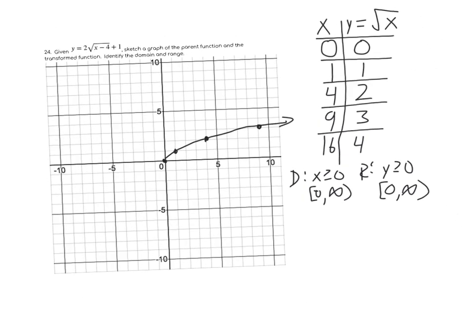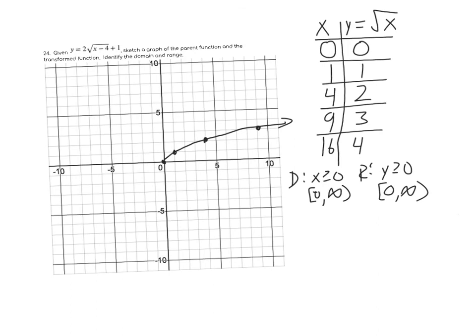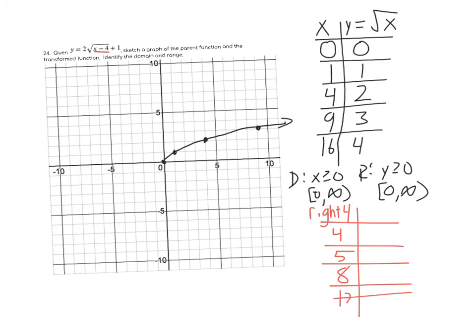All right, the transformed function, I'm going to build my table. It's going to go for x minus 4. That's going to be right 4. So my new points would be 4, 5, 8, 9 would end up being 13, which is not going to be a number I can use for my graph.